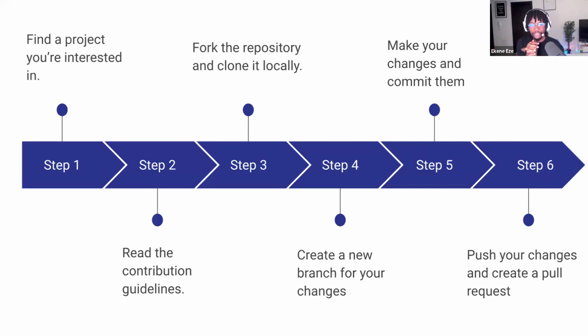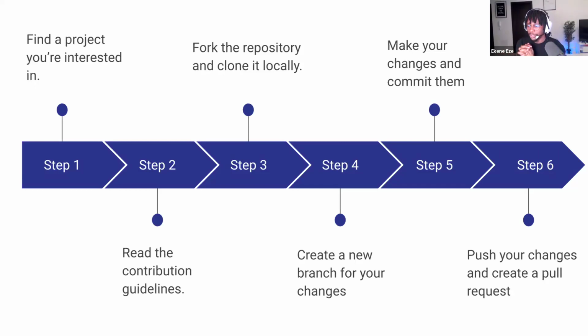Step two would be to then go read the contribution guidelines, because you can't contribute to the project if you don't know how to contribute or what you need to do to make your contribution so that they can accept your contribution. So you read the contribution guidelines, and when you've understood the requirements for contributing, then you can fork the repository and clone it locally. That one, I think, almost everyone I would expect has done that before.